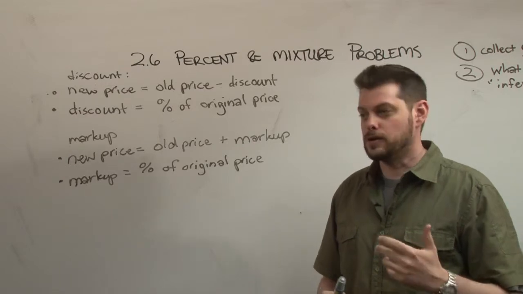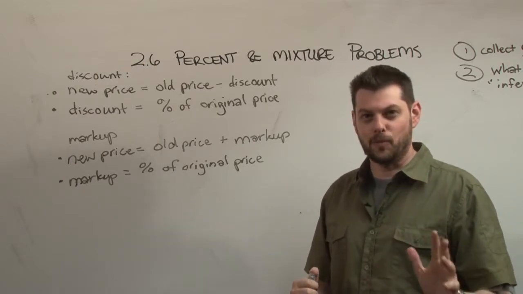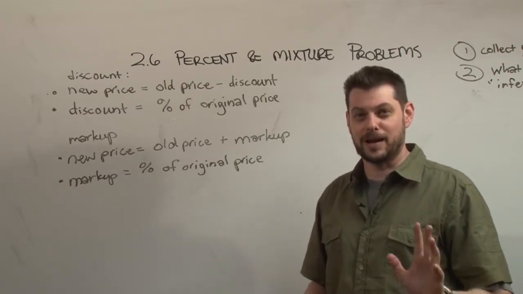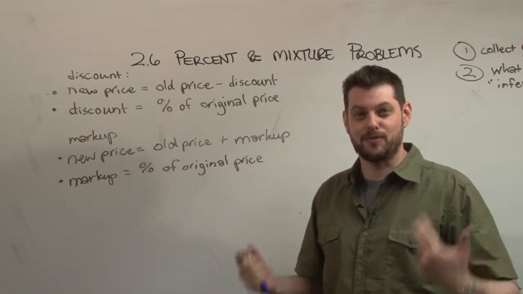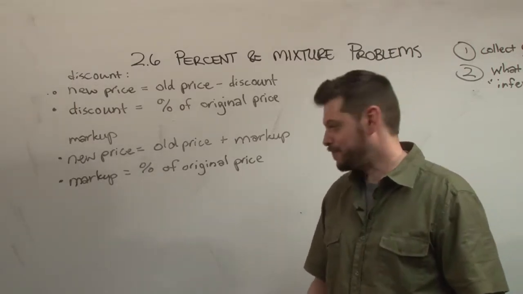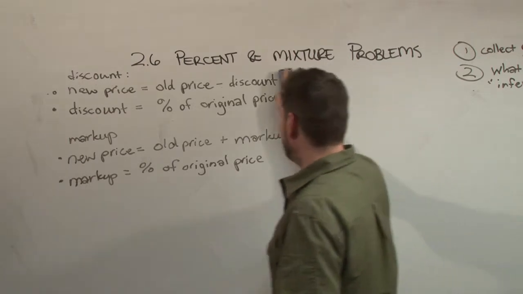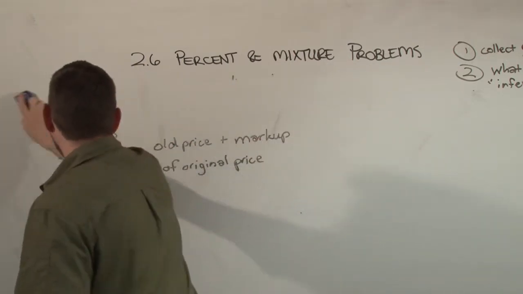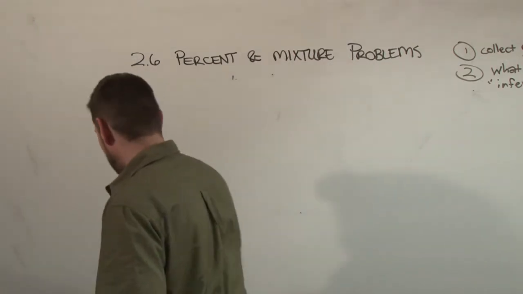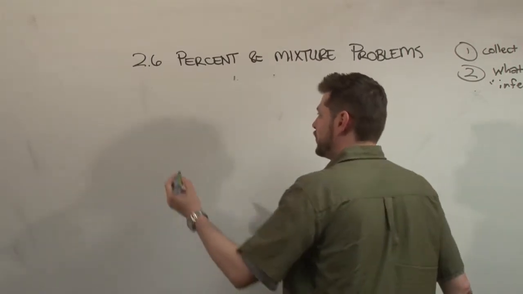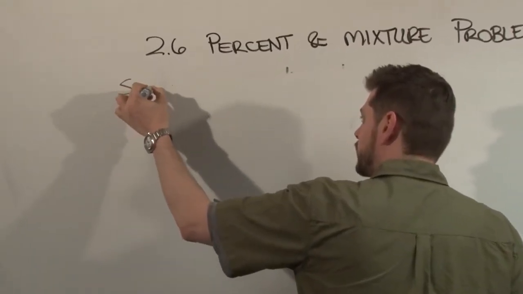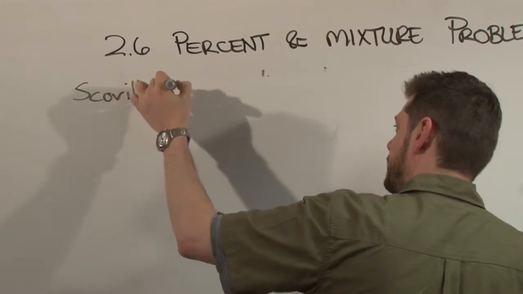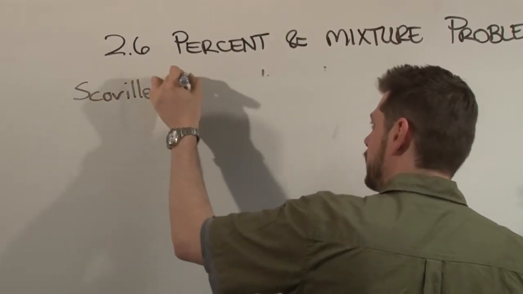Okay. So the one that I want to bring to you right now is a problem that I discovered today, and it blew my mind because I'm a fan of hot, spicy foods. And it talks about a very specific unit of measurement called the Scoville unit, or we could say Scovilles.